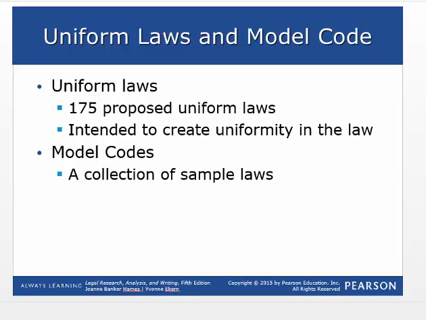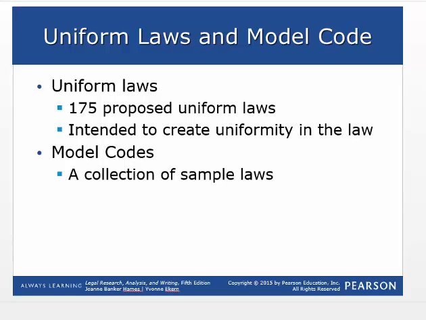Other kinds of enacted laws, you may have encountered these in some of your other classes. We have uniform laws and model codes. Uniform laws are created in an attempt to make laws in certain areas more homogeneous across the states, to create uniformity, predictability, consistency, and for some areas of the law, that's really desirable.